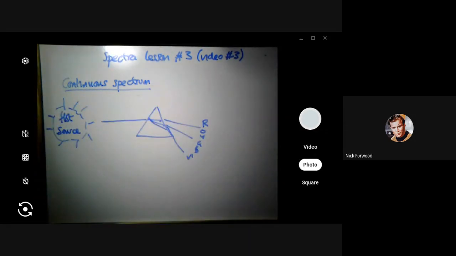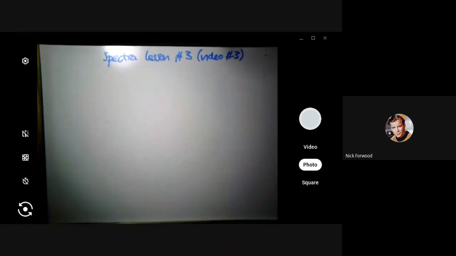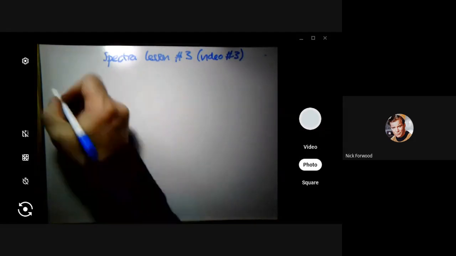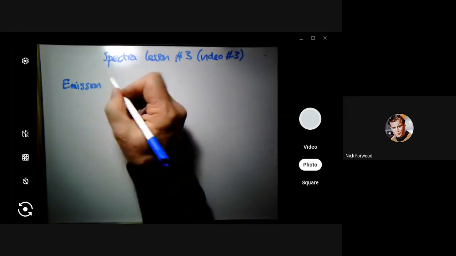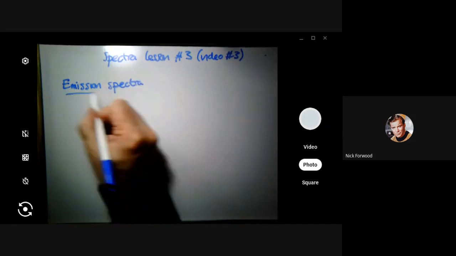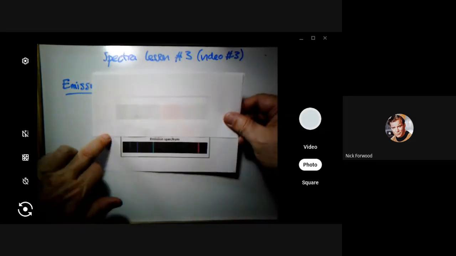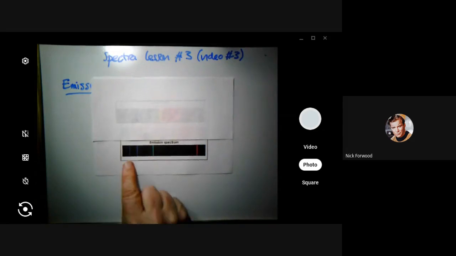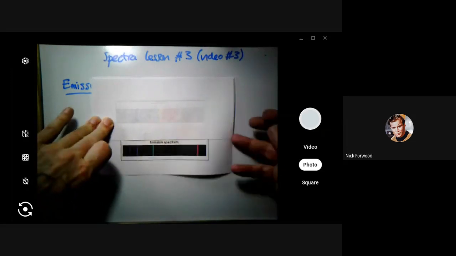I want to move on now to a second type of spectrum, and the second type of spectrum is called an emission spectrum or spectra. Okay, now what does that look like? What it looks like is this here, and it's mainly black, but with different colored lines on it. So we can write down something about that.